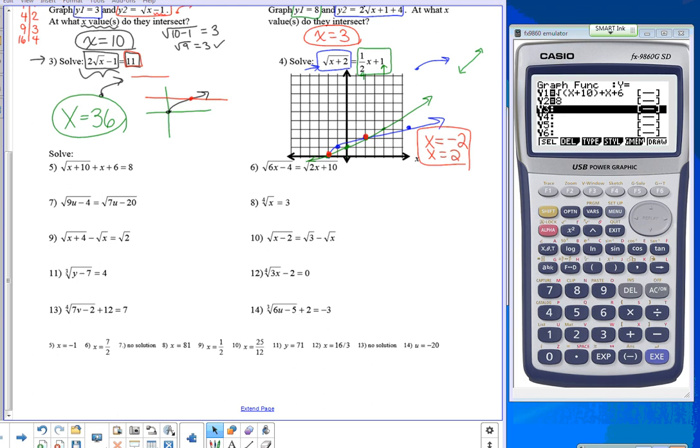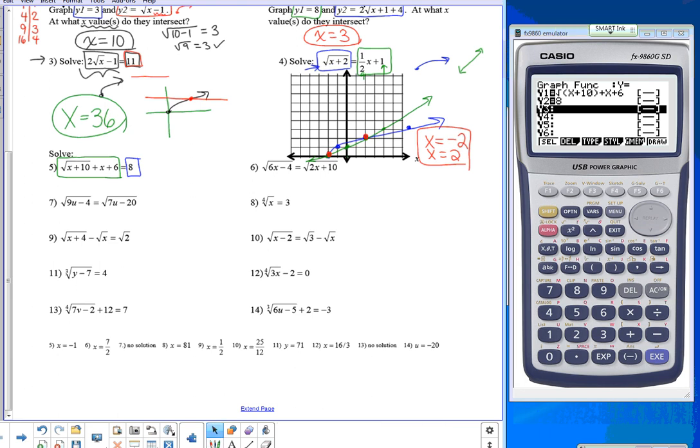All right, number 5 is an example where on the left side of the equation, we may have something that's not very pretty. We have 2 choices at that point. We could either just type it into our calculator, which I've done in Y1 over there, or we could move around some of the numbers and get the square root symbol by itself.